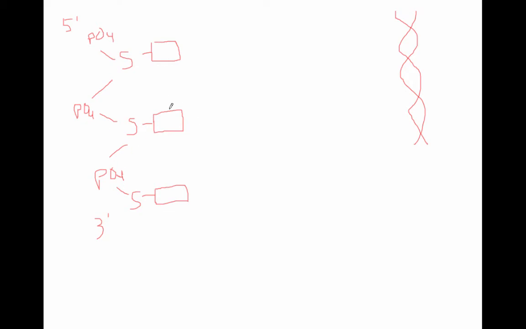It does so using these bases that we haven't really talked much about. We're going to have a base over here, also attached to a sugar and a phosphate, and then another base shown here, attached to the sugar and then the phosphate. Just like we saw on the other strand, the sugar and the phosphate form these phosphodiester bonds. And let's draw this third one just to complete it.